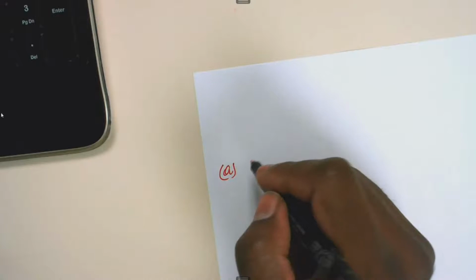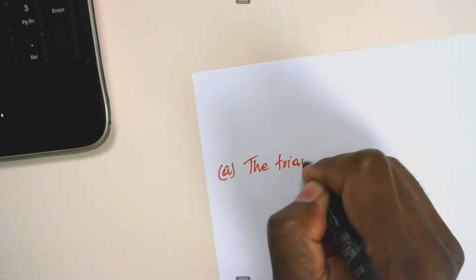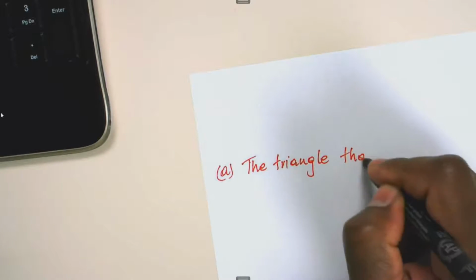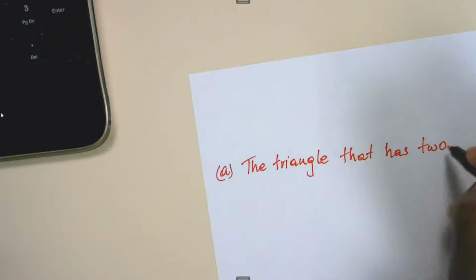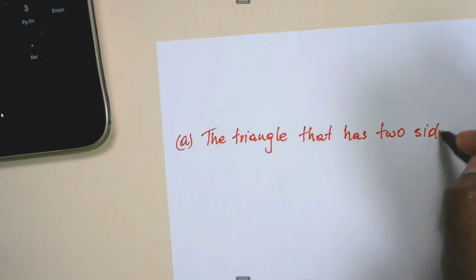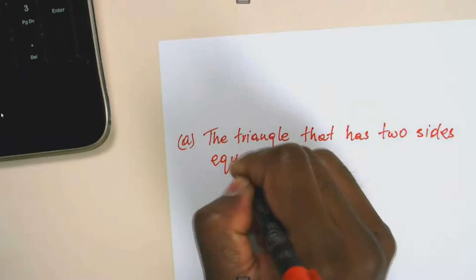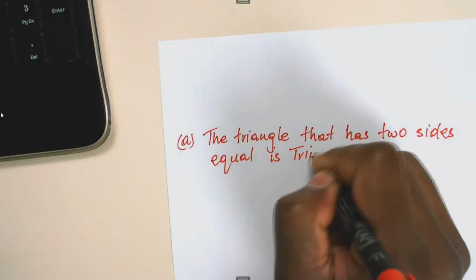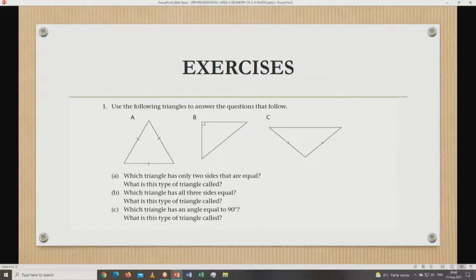The triangle that has two sides equal is triangle. Let us see. It is triangle.